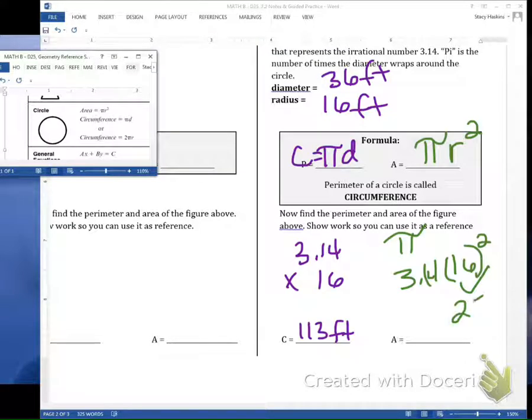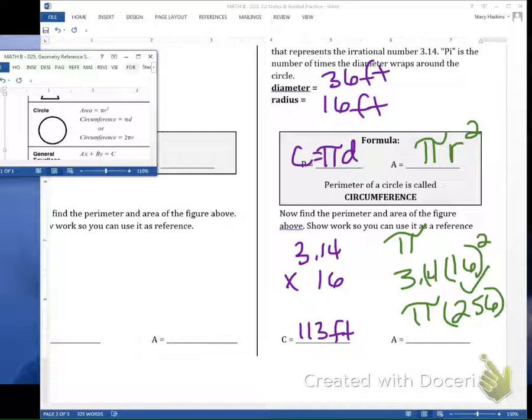So I'm going to write 256 and multiply that by my pi. Remember, I'm probably going to get a decimal number, and let's just round to the nearest whole foot. What's nice is after you do your exponent, you can just leave that number in your calculator and go straight to the multiplication.